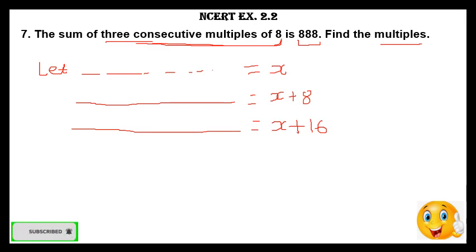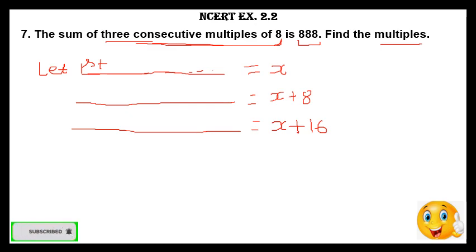So these three are the consecutive multiples of 8. I'm not writing the statement here; you need to write the statement yourself. First multiple of 8 is x, second multiple of 8 is x plus 8, and third multiple of 8 is x plus 16, and their sum is equal to 888.